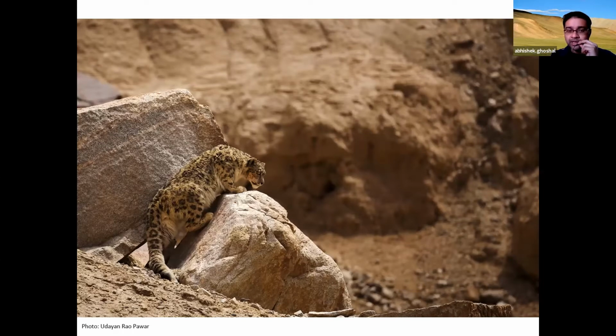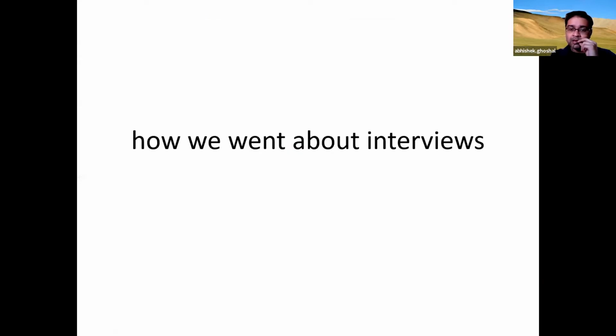And that's when we came up with this idea that we can use individual persons living in those areas, spending a lot of time there, if not every day in the year, then at least 5, 6 months of the year, in the snow leopard habitat, which are essentially areas above 3,000 meters in the case of the majority of the Indian snow leopard habitat.